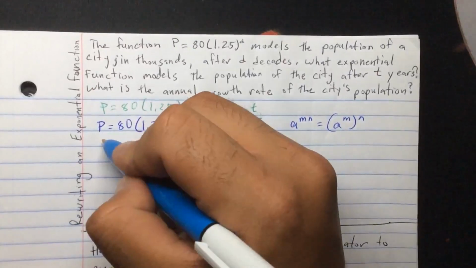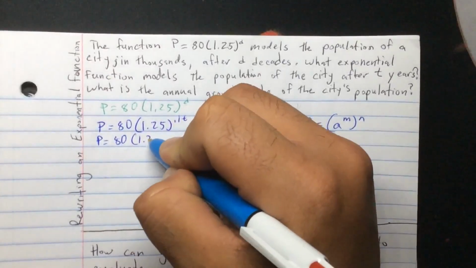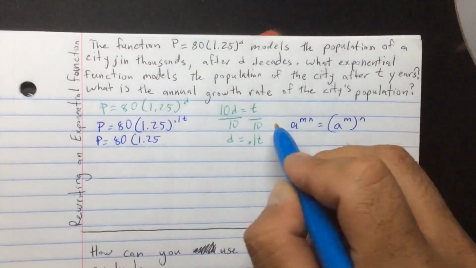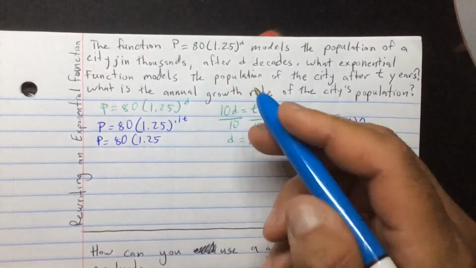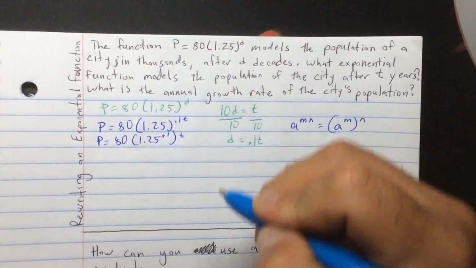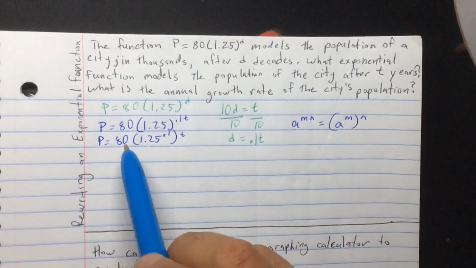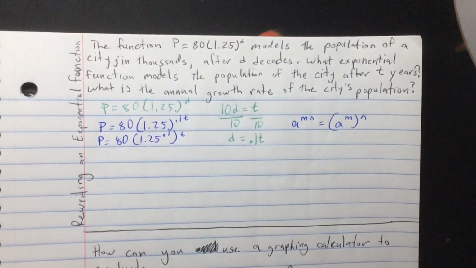So we take P equals 80 times 1.25 to the 0.1 power, and then leave the T outside. So all we have to do now is take 1.25 and raise it to the 0.1 power.